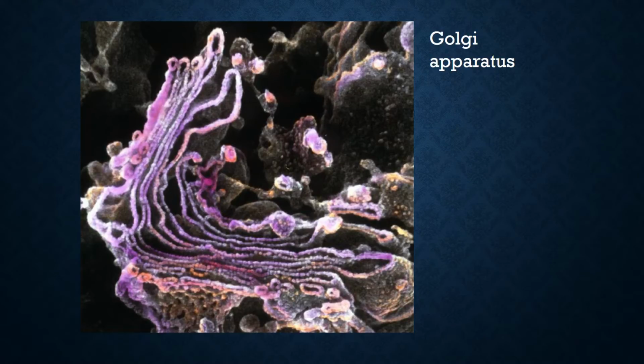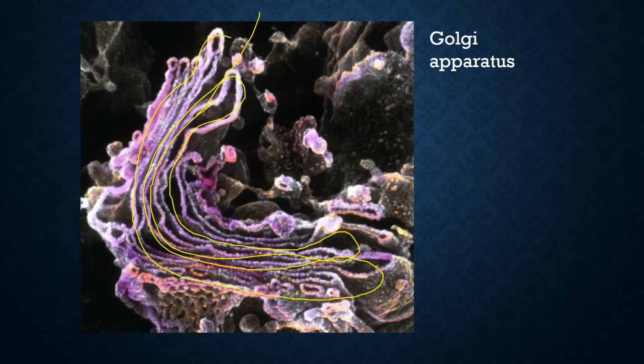This organelle is the Golgi apparatus, and the Golgi are stacks of flattened hollow sacs, and so these are also membrane bound. The unique thing about these is that they are C-shaped in structure as compared to the endoplasmic reticulum.